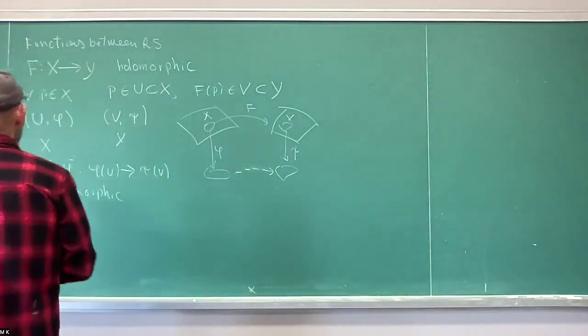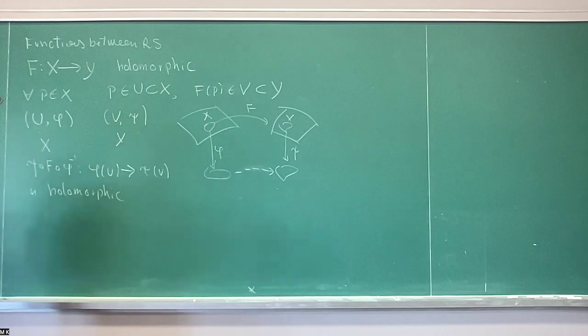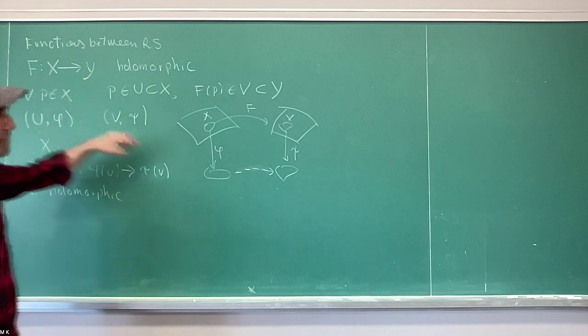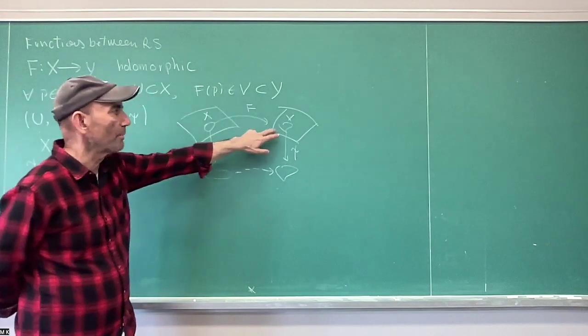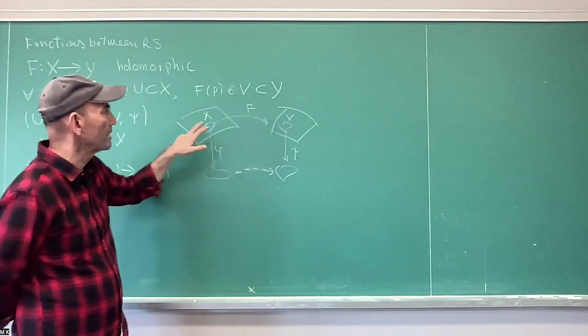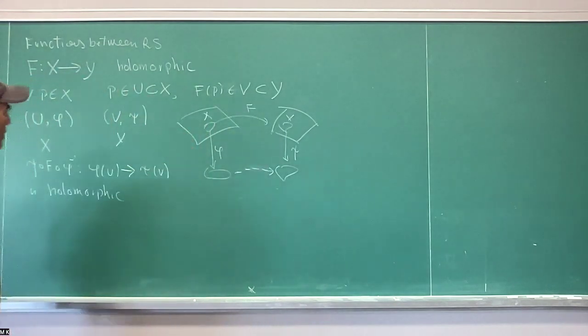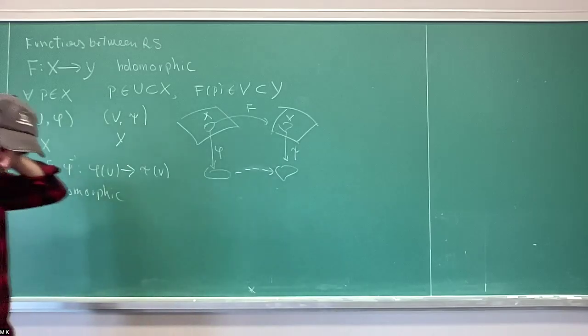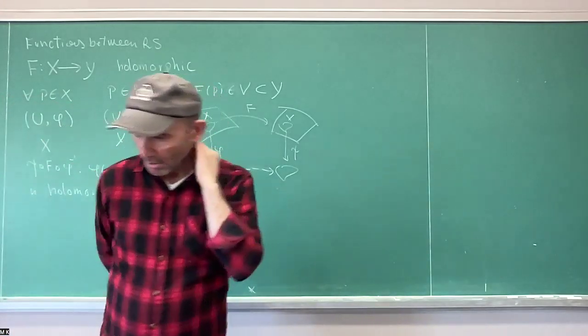So that's pretty straightforward. Perhaps I should have said that to start with, we demand f to be continuous, because we want the pullback of this open set to be open here, and then check the condition. But this is pretty much what it is.